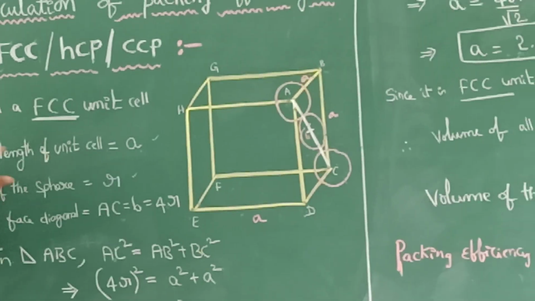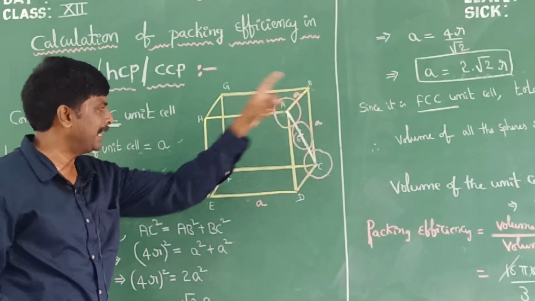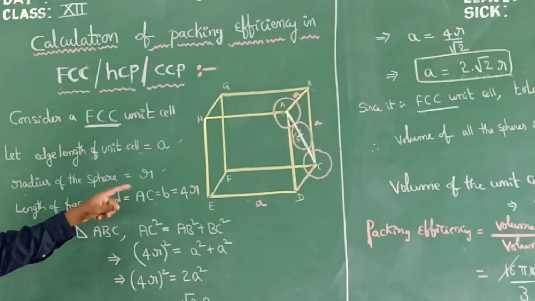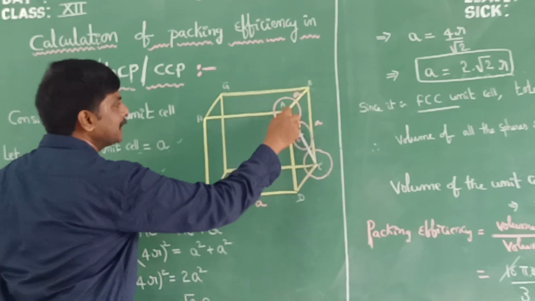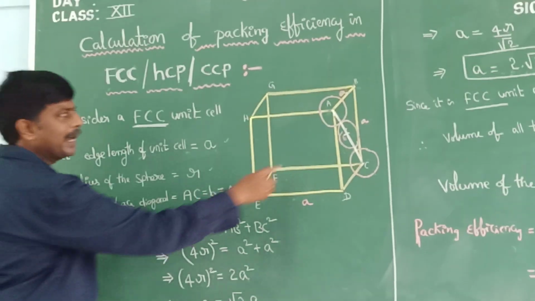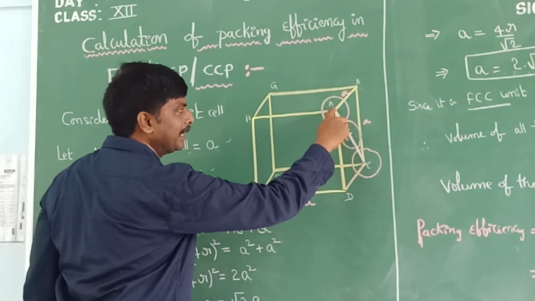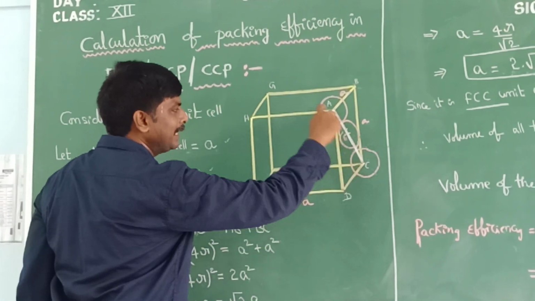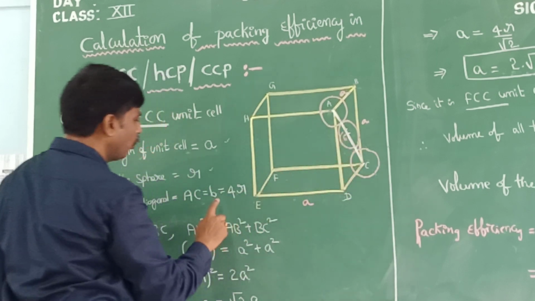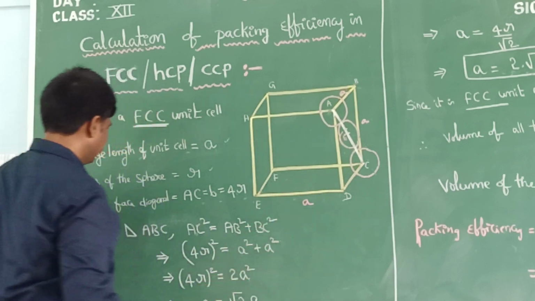Let the edge length of the unit cell be a, and the radius of each sphere be r. Because a sphere is also at each face center, the face diagonal length AC is equal to 4r.